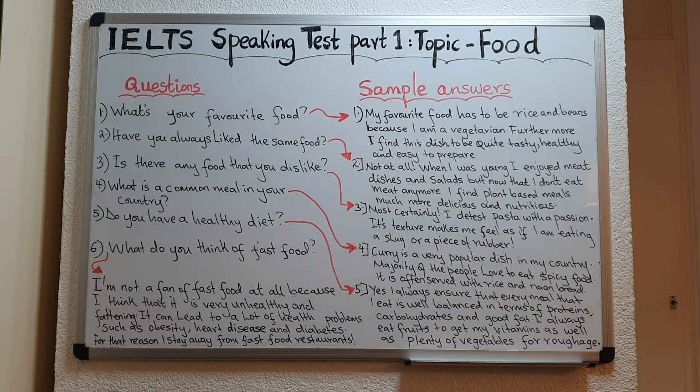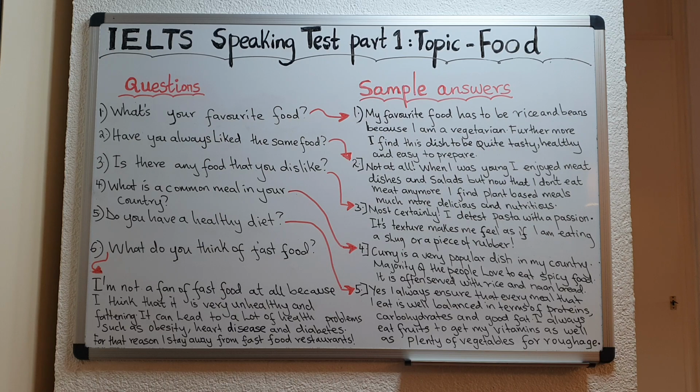Now, in that answer, you have made it very clear that you eat a well-balanced diet. And a well-balanced diet has proteins, which you get from meat, eggs, but also beans. And then you have carbohydrates, which you get from your pasta and your rice, that is starch.